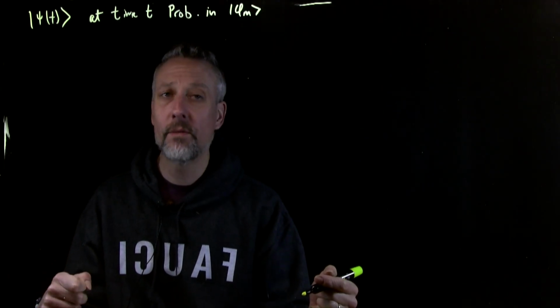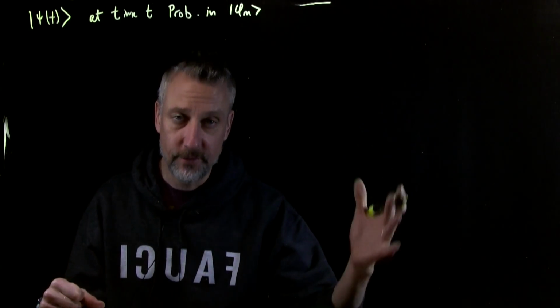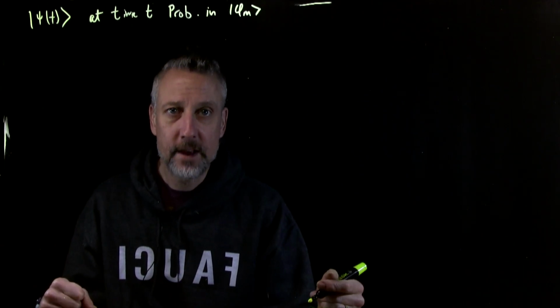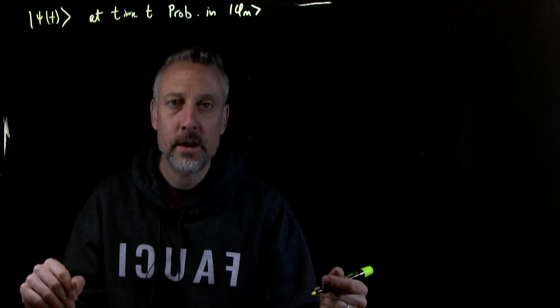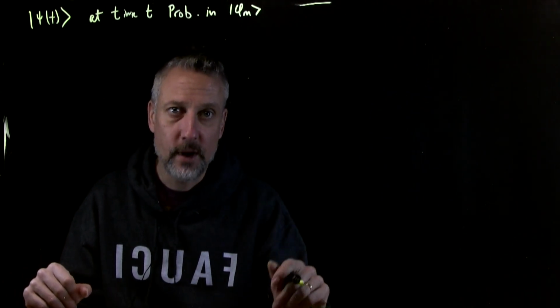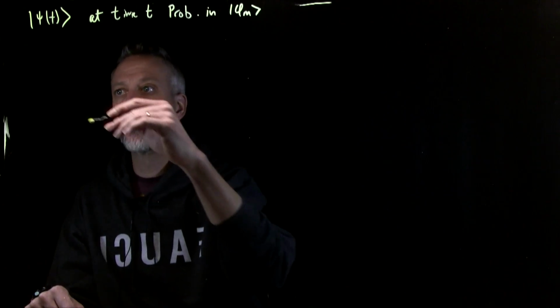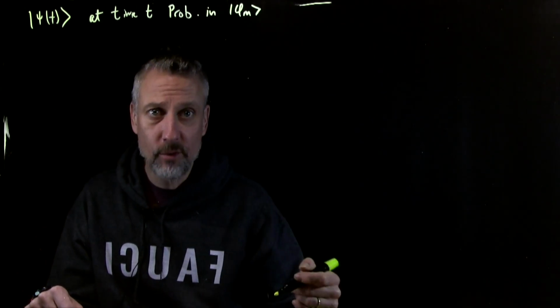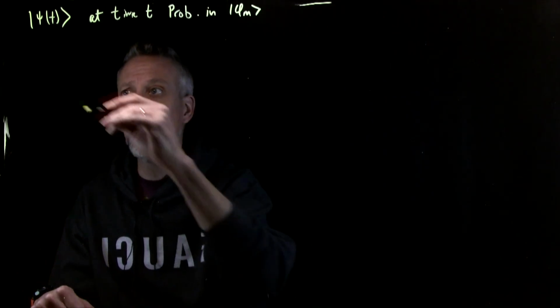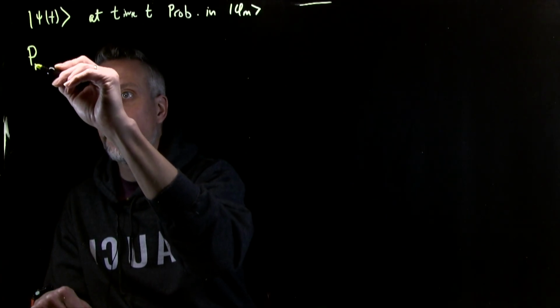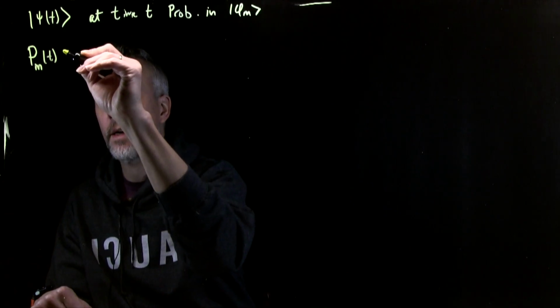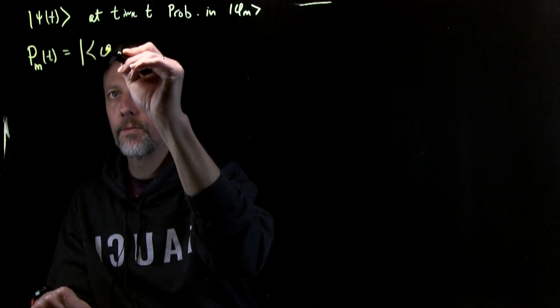Okay, so to calculate the probability of being in some state, what we're really asking is what's the projection, or the scalar product, of our state vector along the direction of the state that we're asking about as a function of time. Since a scalar product can be complex, to turn it into a probability, the probability that we're in the state M at time t is equal to this.